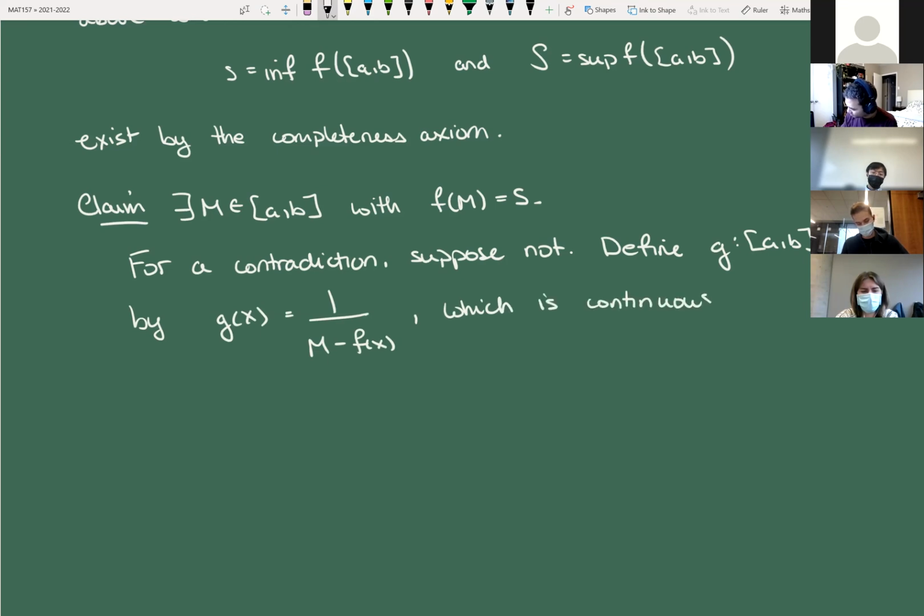It's continuous precisely because its denominator is never 0, since we've assumed there's no value of f which actually achieves the m. But because this is a continuous function, it is also bounded. So to arrive at a contradiction, I'm going to show this function is not bounded.